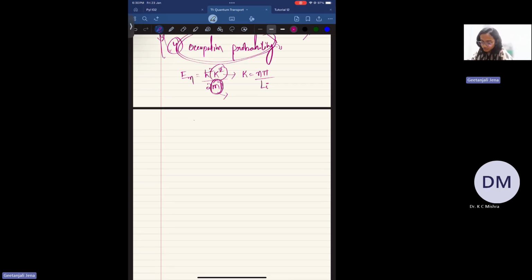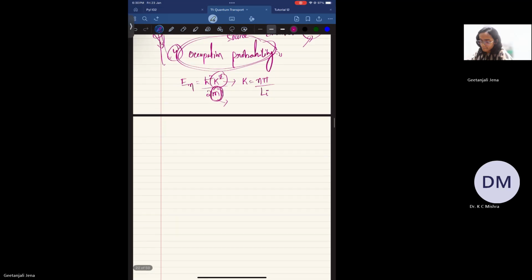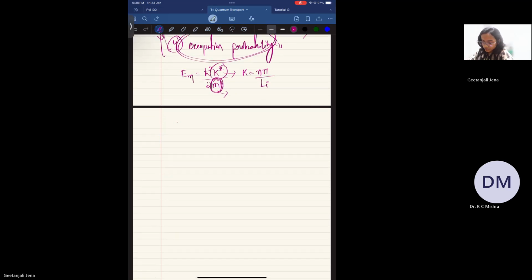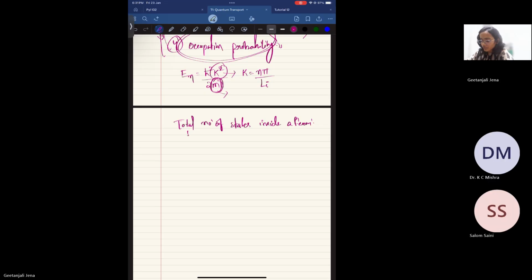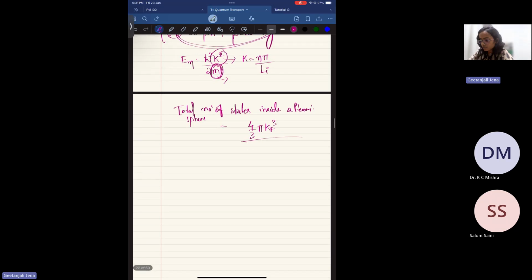So for this, we found that the total number of states, if we recall, is nothing but 4 by 3 pi q, and the volume of one quantum state is pi by Lq.